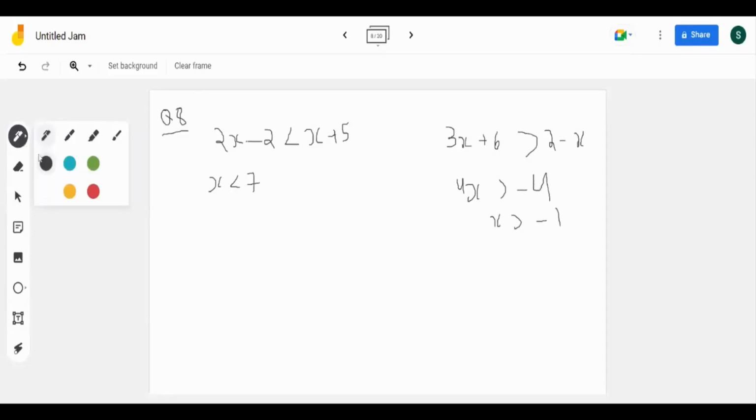So again I will change the color and write that our solution is x lies between minus 1 to 7. We can combine this inequality and this inequality to write this as our answer, that is, x belongs to minus 1 to 7.